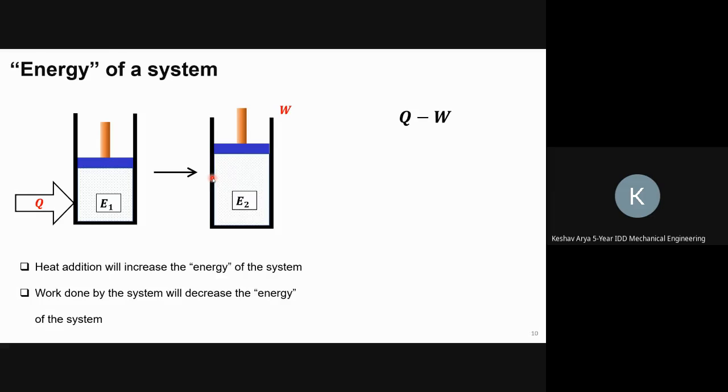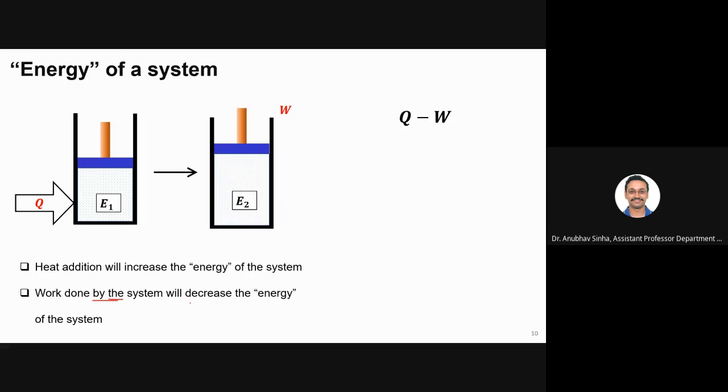Sir, what if we compress the system? Means we do work on the system. Then the internal energy should increase. Correct. So work done by the system will decrease the energy, but if you replace it with work done on the system, it will increase. Let me write it down. So this is the work done by the system.